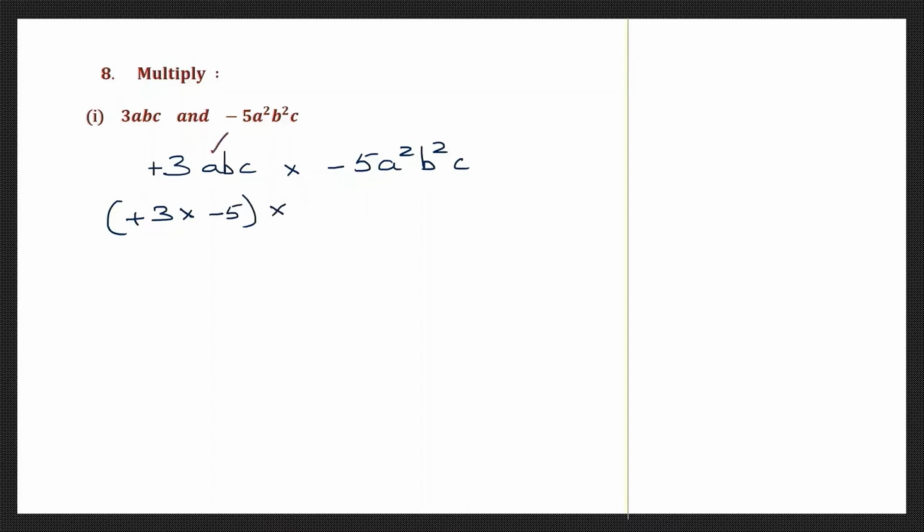So here I have 1a and here I have a square. So that will be a into a square. Now let's go to b. So I have 1b here and a b square there. So let's write that down into b into b square. Now let's take the c and c. So there's one of each. So that is c into c.